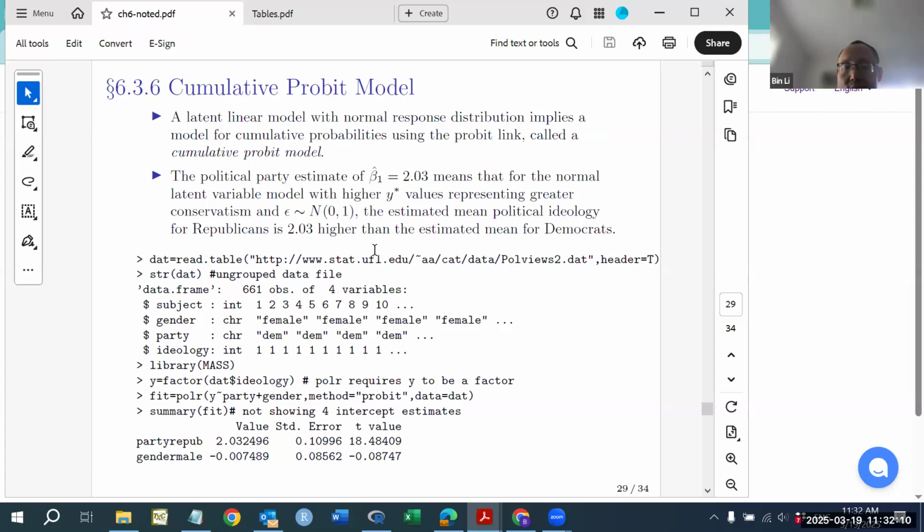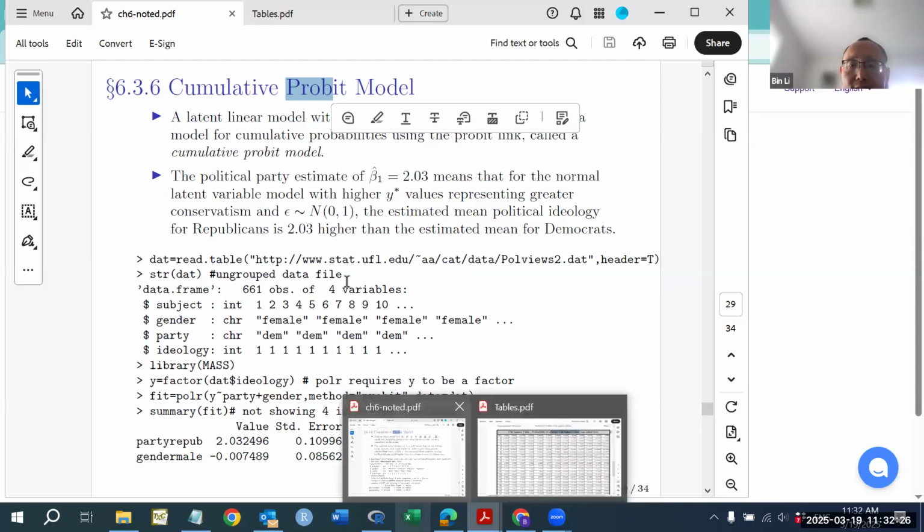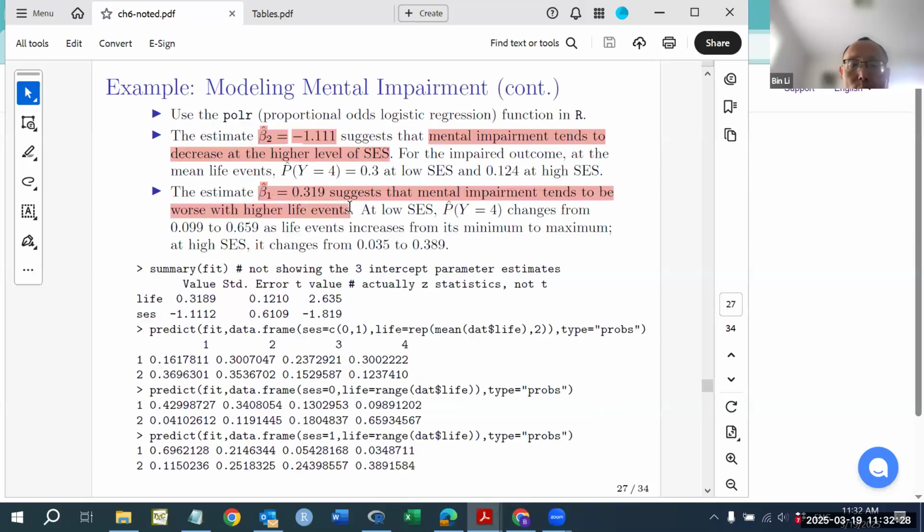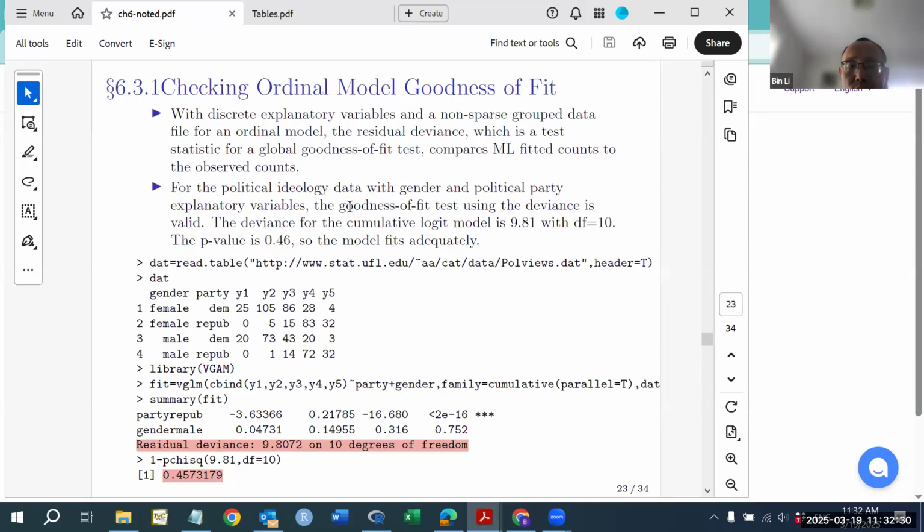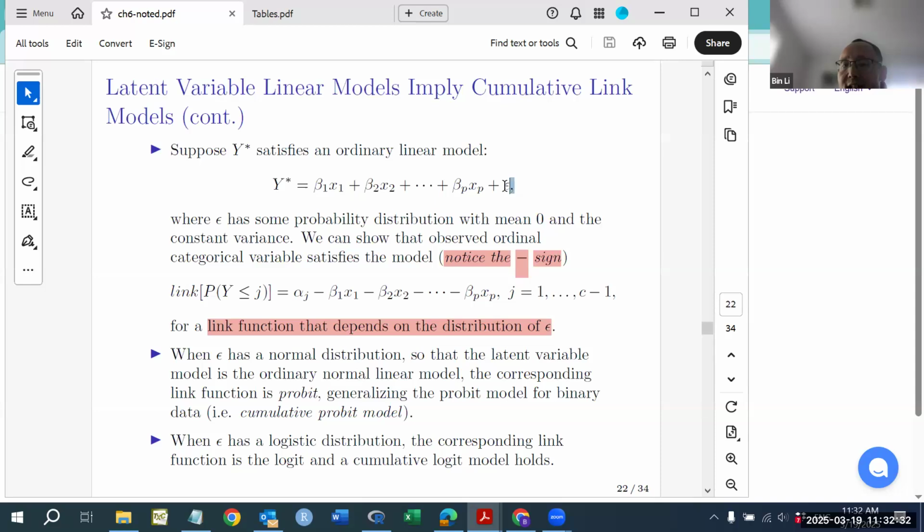Okay, so the next one is a different cumulative link model. That's the cumulative probit model, as I said. Now this time, the link function is the probit link. As I said, for the probit link, the latent variable model epsilon follows a standard normal distribution, while for the cumulative logit model, it follows a logistic distribution.